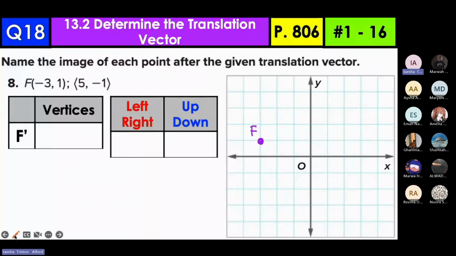What is the vector? This is the vector. You see the difference between the parentheses and the vector, right? The vector has a point here. So what is the movement for the vector telling you? Right 5 and down 1.